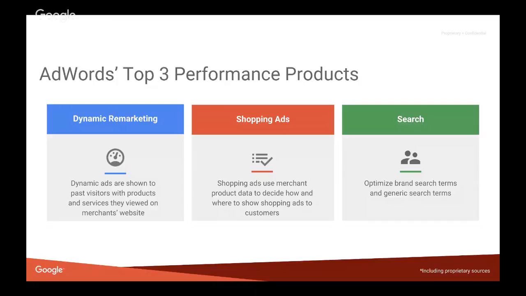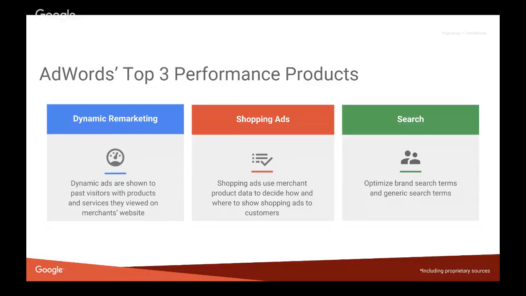Dynamic remarketing, if you don't know, is basically dynamic ads that are able to remarket to users, and you will show the relevant ads based on the user's site visiting behavior.